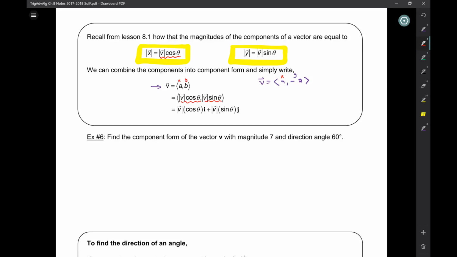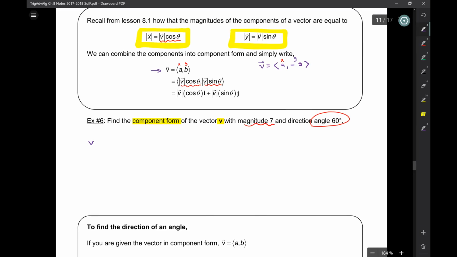What does all that mean? Let's do an example. We want to find the component form of v with, this is the important part now, magnitude 7, direction angle 60 degrees. Those are the important parts, okay? So what I do is this: v equals v cosine theta, v sine theta.